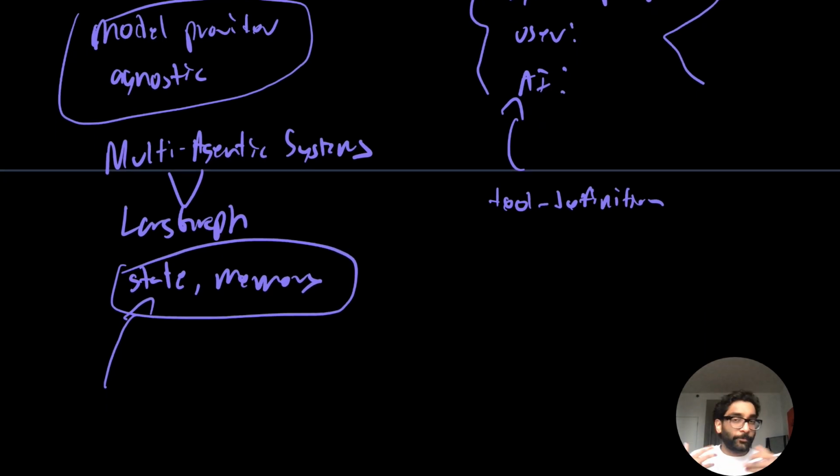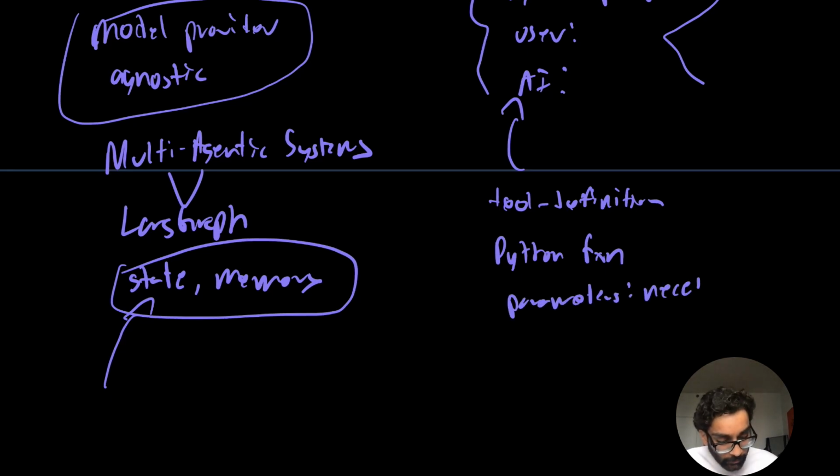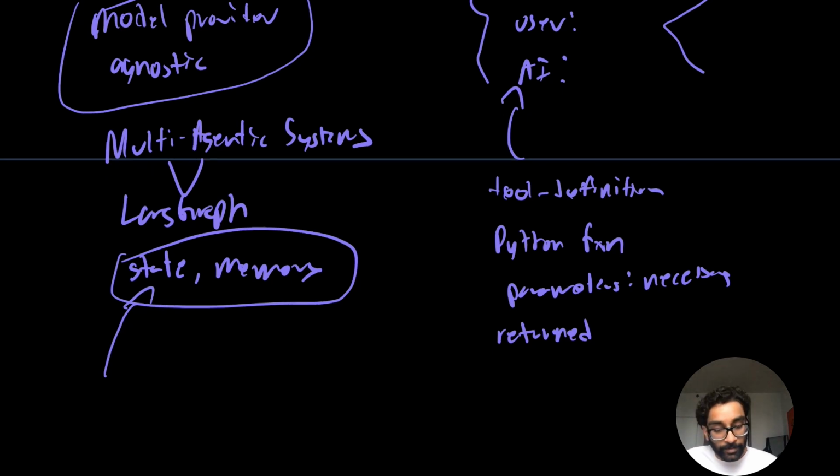It might look very verbose at first, but when you look at it, it'll start making intuitive sense. In this tool definition, basically, you point towards your Python function, and then you point towards the parameters that are necessary, and then you explain what needs to be returned. And obviously, you can follow best practices like using something like Pydantic to clearly define the types of these input and output specs that we're dealing with.